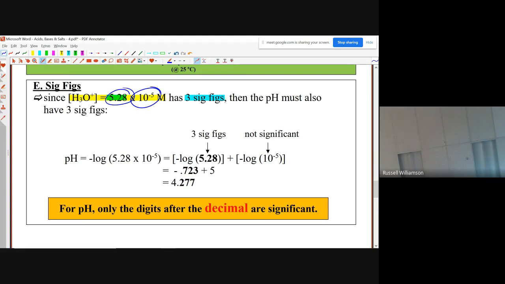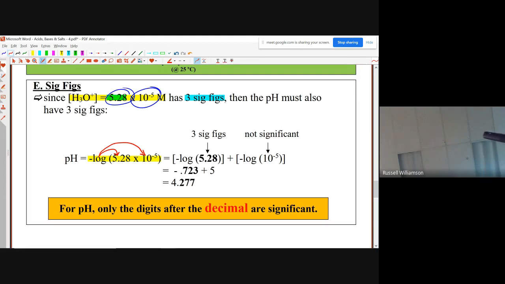So let's say we were trying to convert this from hydronium to pH. We know that it's the negative log of our hydronium concentration. Here's what I'm going to do: I'm going to show you what happens when we take the negative log of the 5.28 part, the part that is significant, and then the negative log of the part that is not significant.